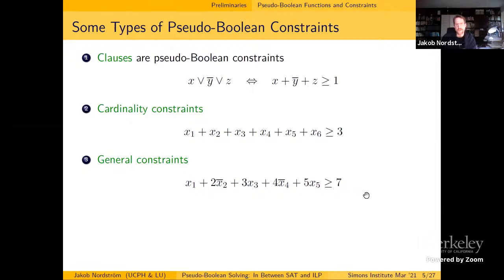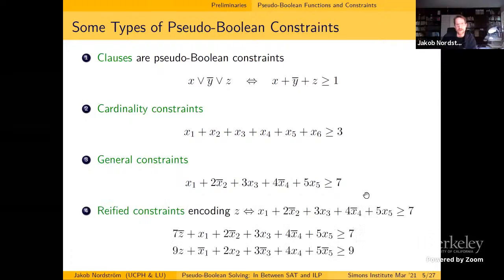And another thing that is nice with pseudo-Boolean constraints is that you can express a lot of things staying inside this formalism. For instance, sometimes it's useful to have a variable encode the truth value of a constraint. Say that I want Z to be true precisely when this constraint holds. The nice thing is that I can write this as a pair of pseudo-Boolean constraints.